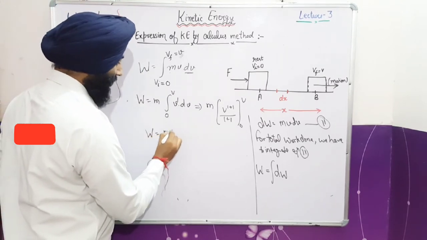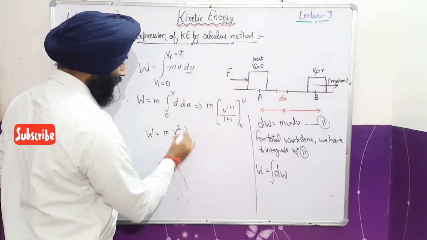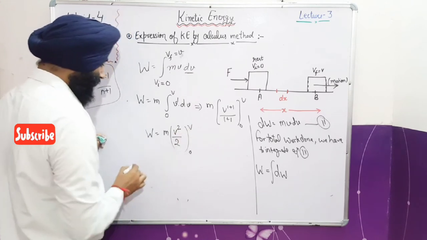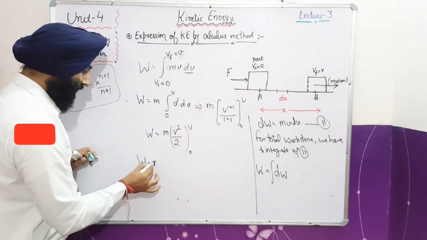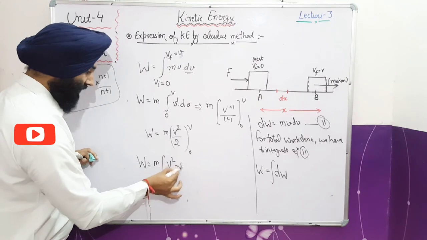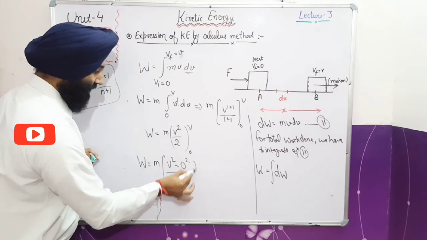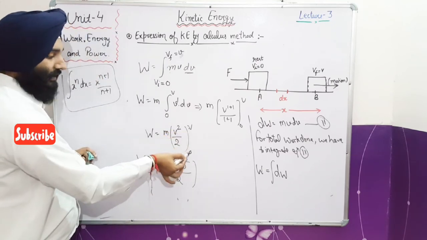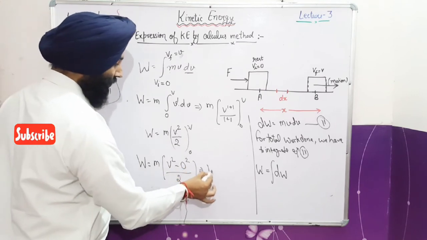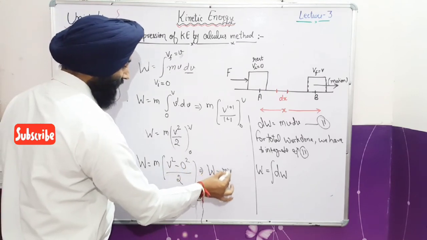Fine. So further I have to solve this equation. Work done is equal to m v square upon 2 from the limit 0 to v. Now put the value of the upper limit minus the lower limit upon 2. In place of v, at first I have to put the upper limit, then the lower limit. It means the value of work done here is mv square upon 2.